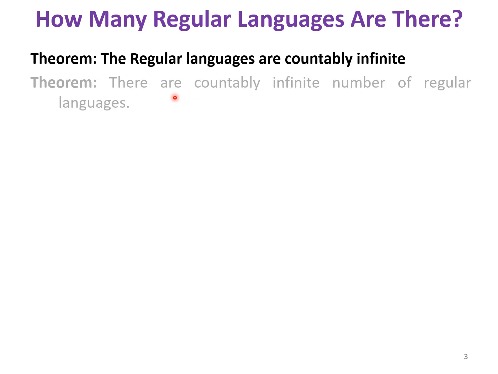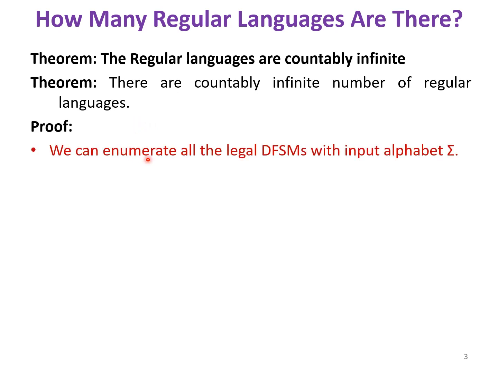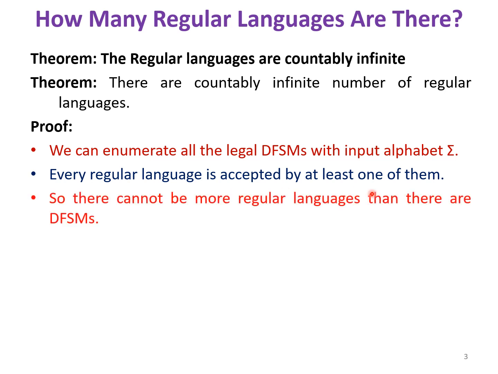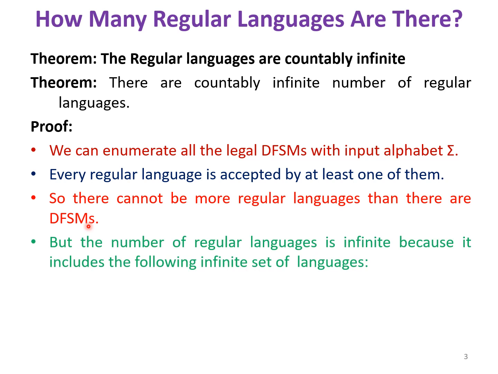How many regular languages are there? The theorem states there are countably infinite number of regular languages. As a proof, we can enumerate all the legal DFSMs with input alphabet Σ. Every regular language is accepted by at least one of them. So, there cannot be more regular languages than there are DFSMs.